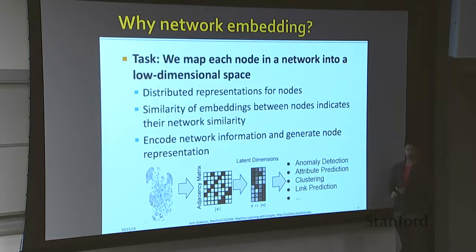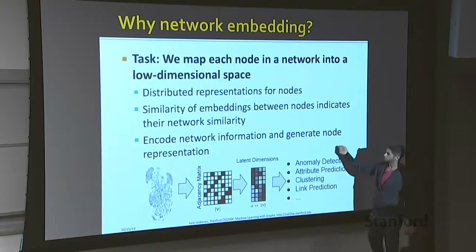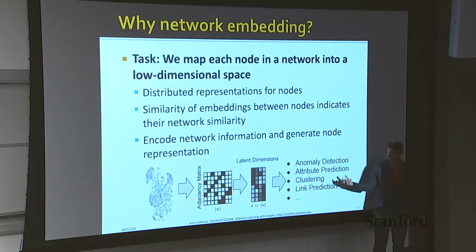Usually, if these vector representations are similar, we want the nodes themselves to be similar. They could be adjacent in the graph, they could be connected, or they could have similar structural roles in the network. At the end of the day, we want each node representation to encode as much network information as possible.